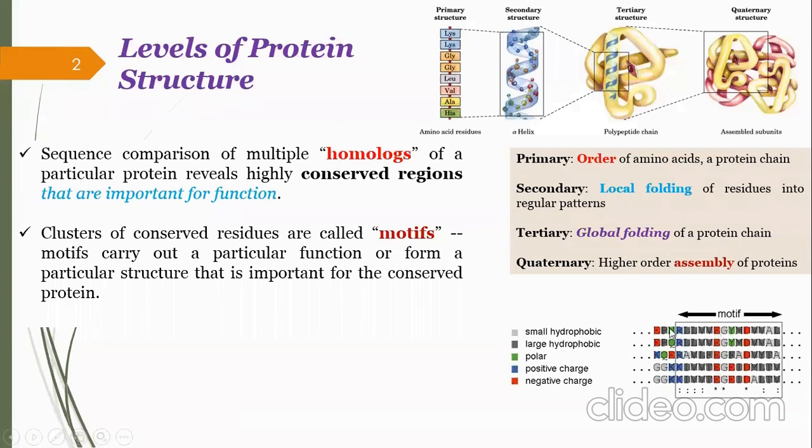So we can say within this motif, there are certain residues that will be conserved throughout. Here you can see the residue with the same properties. So this motif will be conserved throughout the sequence, and this conservation means there is a specific function related to this motif.